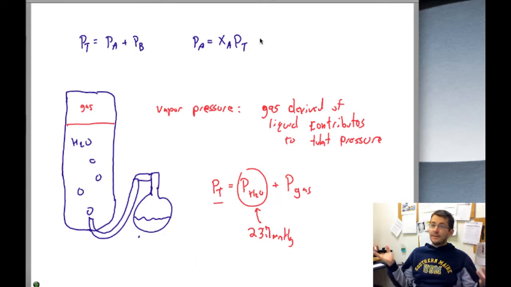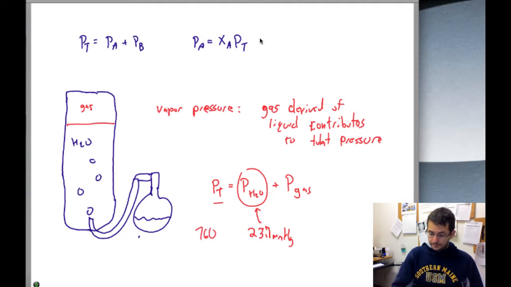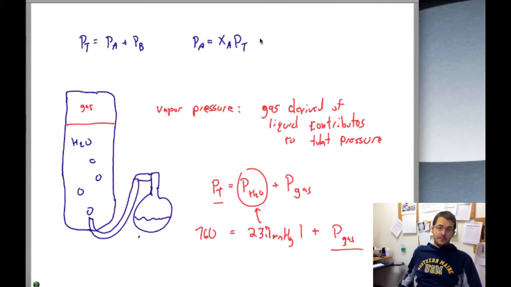So right now, at 25 degrees in here, assuming that there's enough water vapor, we know that out of that 760 millimeters of mercury that we're breathing, the rest, the balance, would be the gas, but 23.7 millimeters of it would be our water vapor.